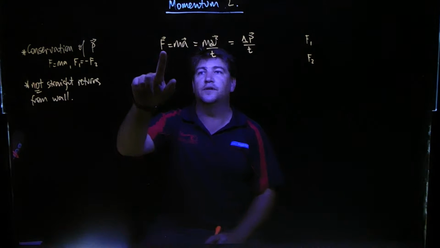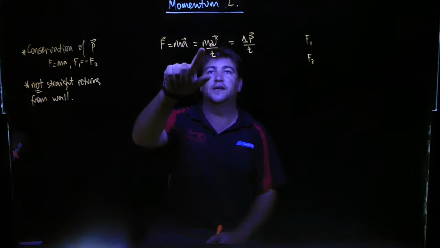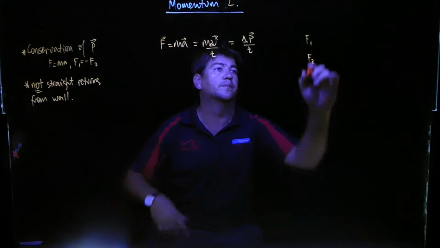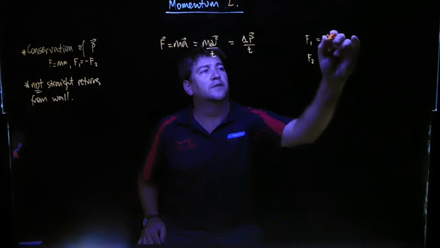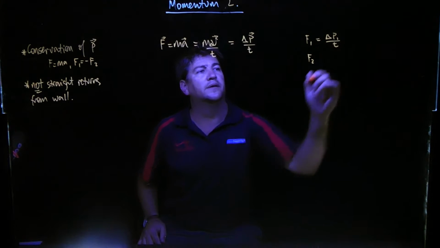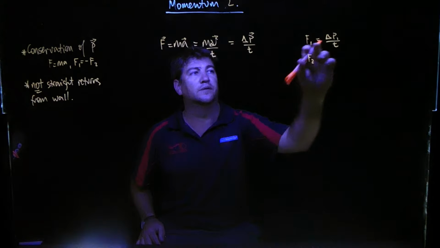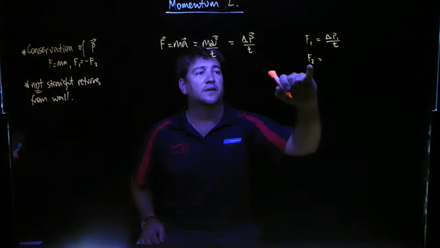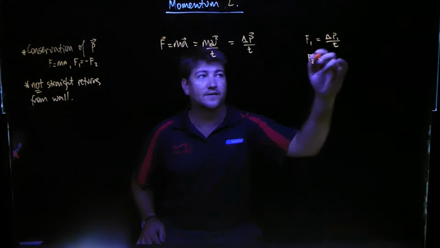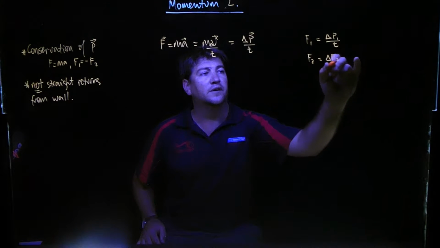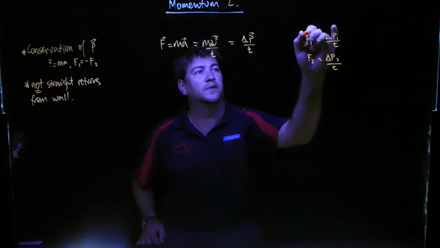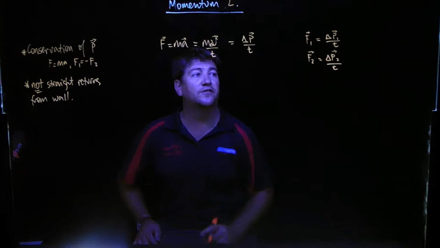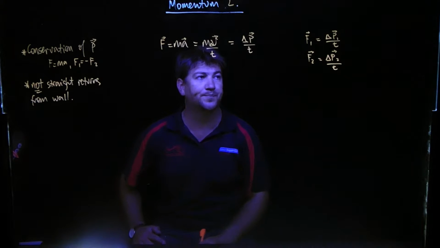If the force on mass 1 is its mass times its change of velocity over time, so its change of momentum, then the force on particle 1 is its change of momentum over the time that the impact took. We can look at the force on the second particle as the change of its momentum, vector, vector, vector, vector, over a certain amount of time.